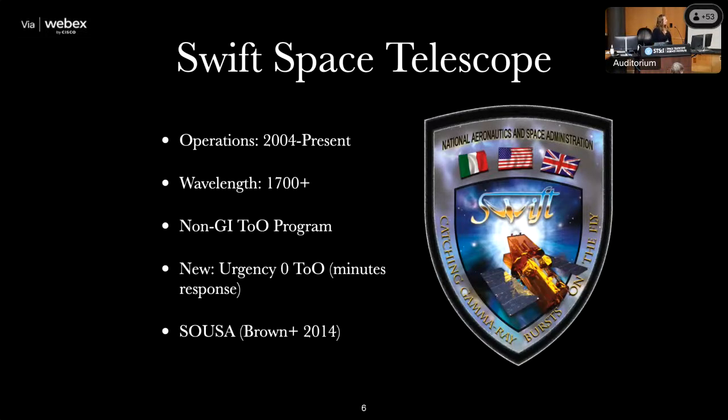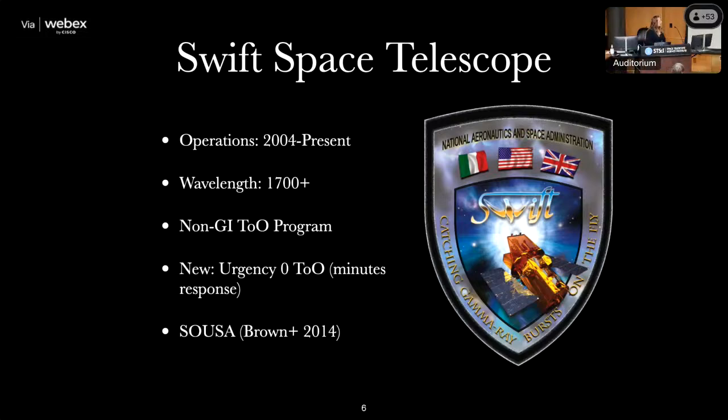And then finally, the Swift Space Telescope began operations in 2004. It's not quite as far UV. The wavelengths start at 1700, but that's still much better than you can do from the ground. This has really benefited from having non-general investigator TOO programs where anyone in the community can trigger interesting events. And then also the fact that these data are public.